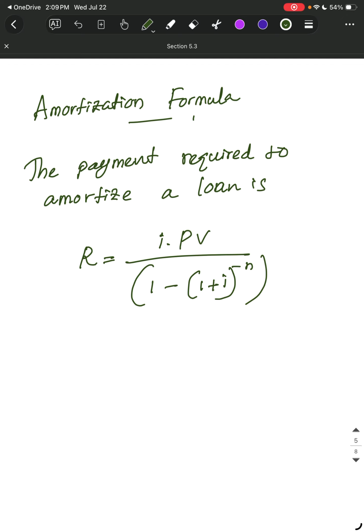Here, R is the payment made each period.